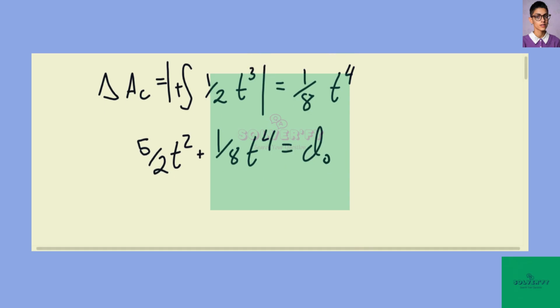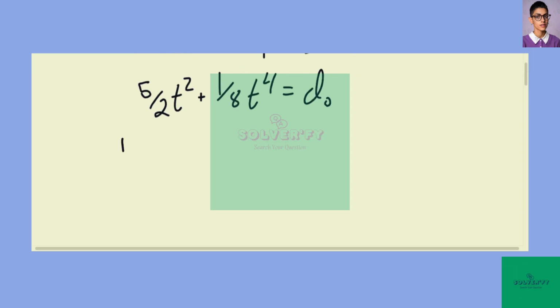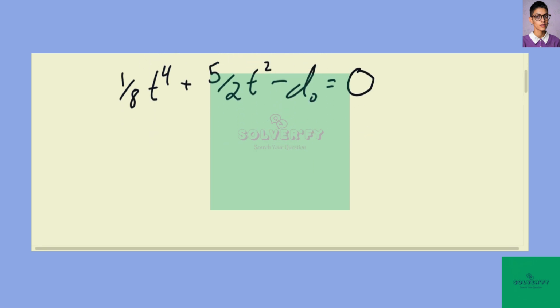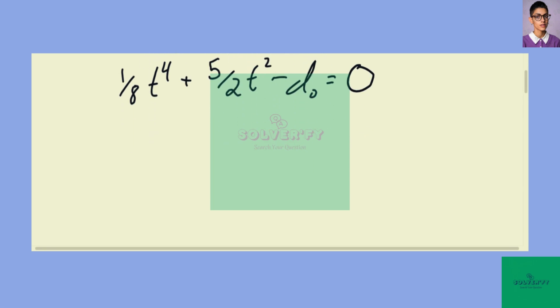Now, if you notice here, we're pretty close to a quadratic equation if we shuffle our terms around. So we can get 1/8 t to the fourth plus 5/2 t squared minus d naught equals 0. And if we wanted to solve for t here, we could just use your preferred way of solving quadratic equations.